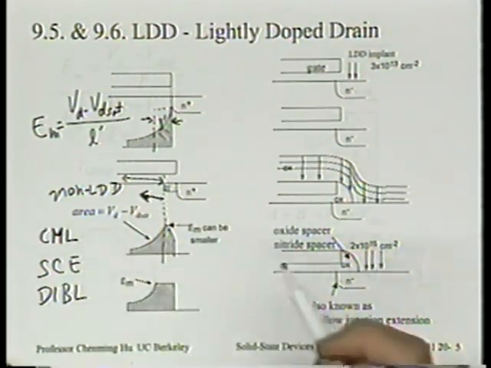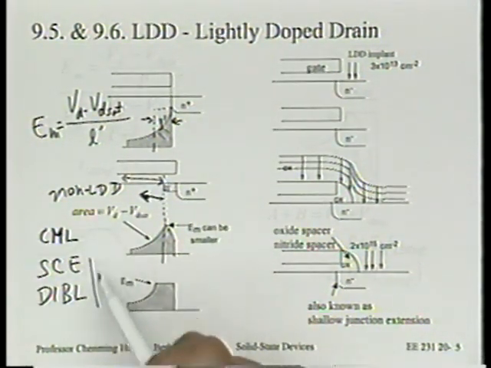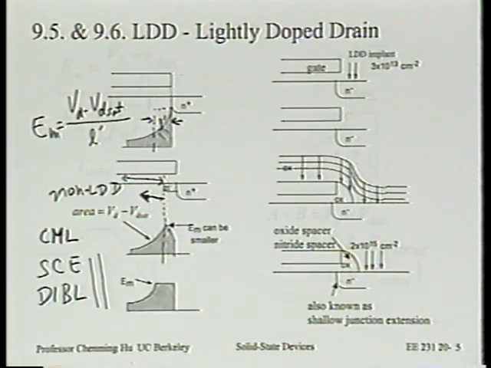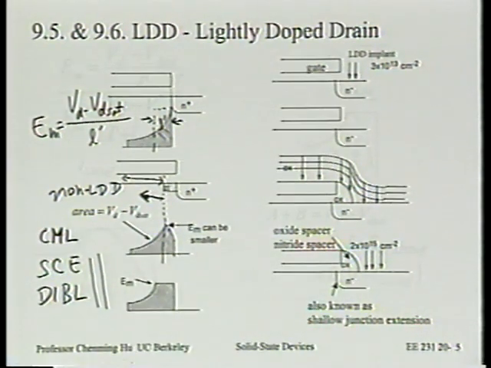Now we all know that if we use deeper junction or if we use the thicker oxide, we're going to have worse dipole effect, worse short channel effect. All right, let me just remind you another way to think why there's this fundamental contradiction between dipole and channel length modulation.